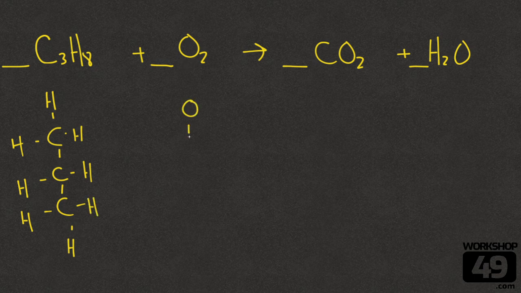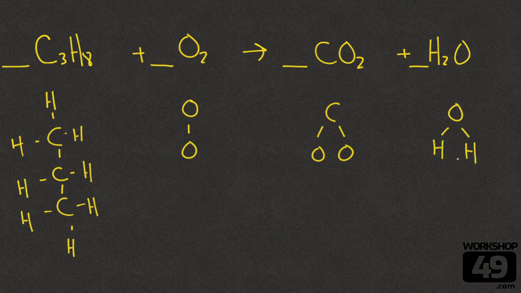And we have an oxygen attached to an oxygen, and we have a carbon attached to 2 oxygens, and we have an oxygen attached to 2 hydrogens. And like I said, these are very simplified ways of drawing these. It's just to keep track of it for balancing.